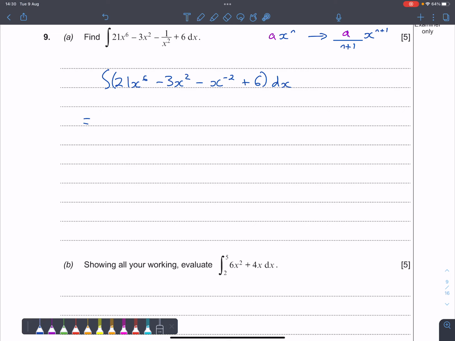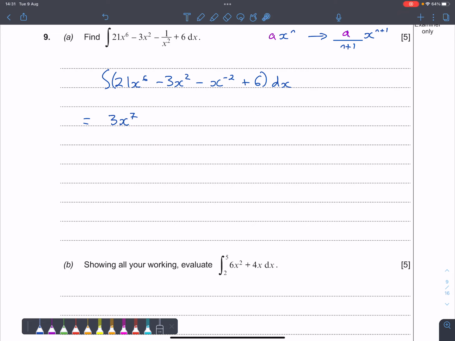So for my first one, I have 21x to the 6. So x to the 6 is going to go to 1/7 of x to the 7. Now, 21 times a 7th is 3. So a 7th of 21, if you want to think about it that way, is 21 divided by 7. So that's 3x to the 7 for my first one.